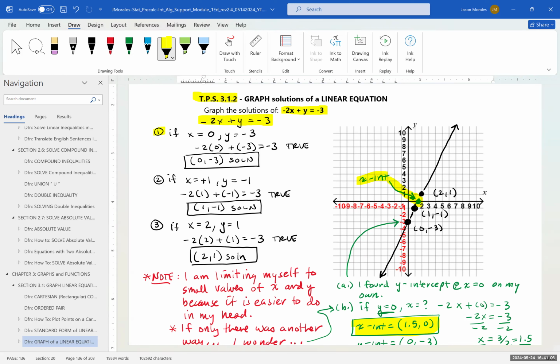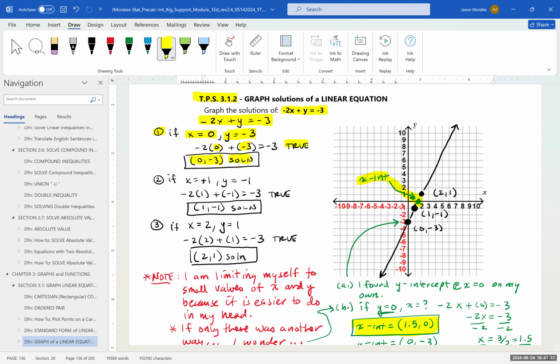One possible solution I thought of is, what if x is equal to 0 and y equals -3? If I put 0 in for x and -3 in for y, this will be -2 times 0 is 0, and -3 equals -3. That's true, so the ordered pair (0, -3) is a solution.